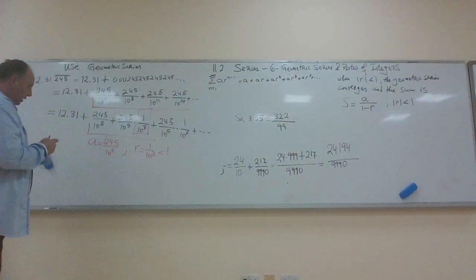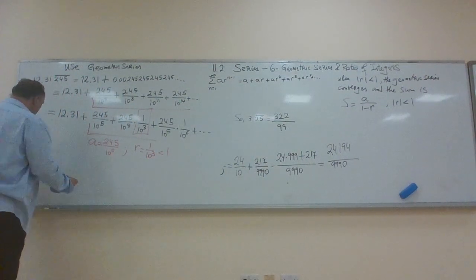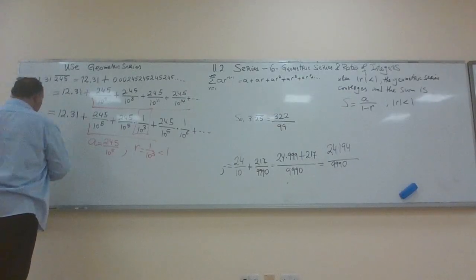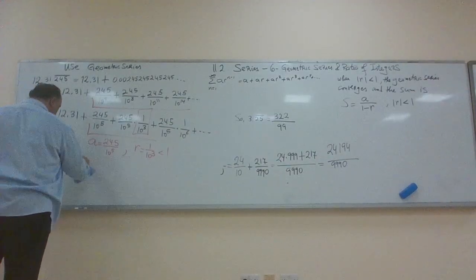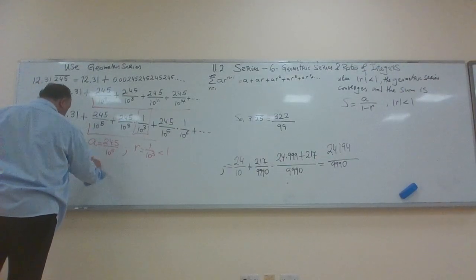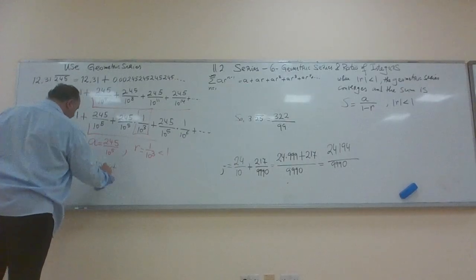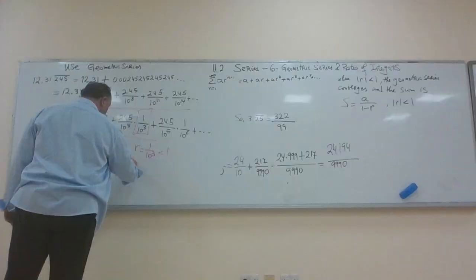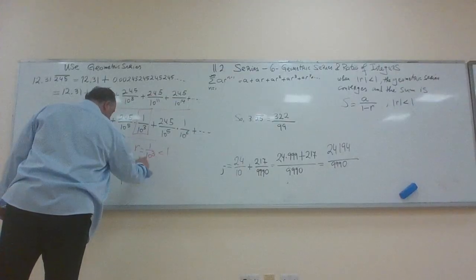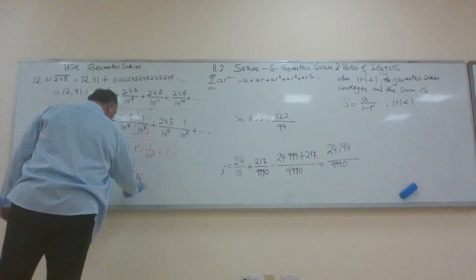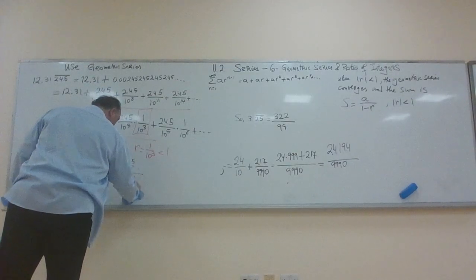So the geometric series is convergent, which means that this piece here is equal to 1231 plus A over 1 minus R. So 245 over 10 to the power 5 divided by 1 minus R. R is 1 over this.